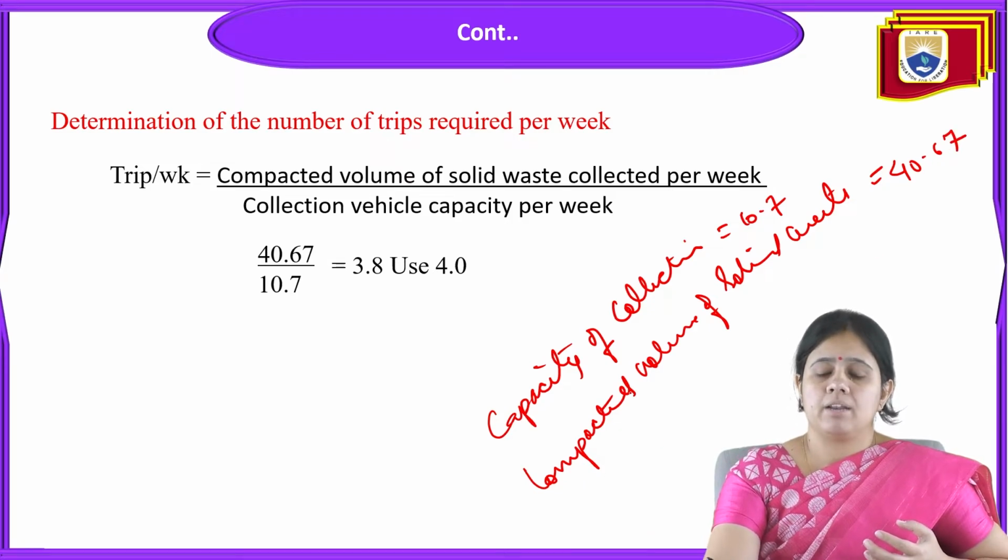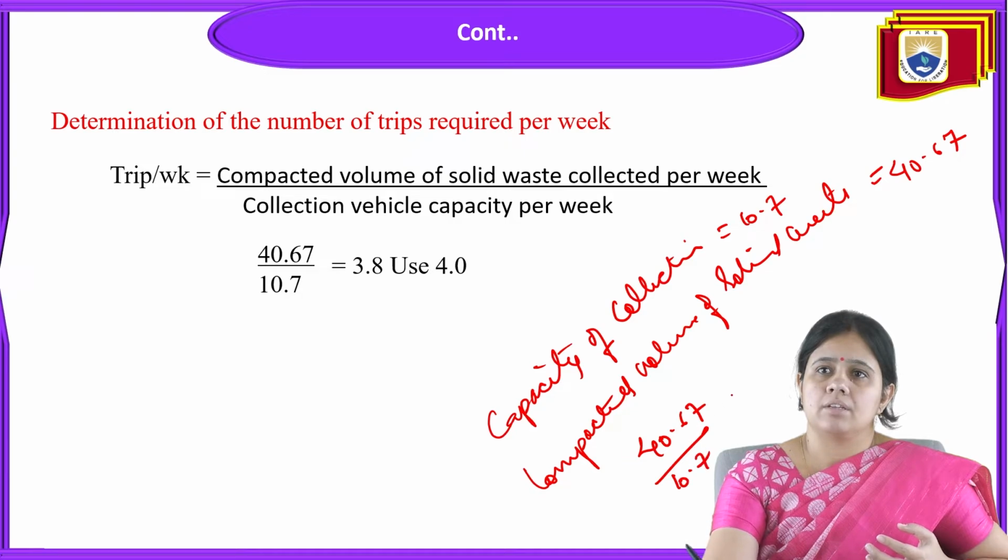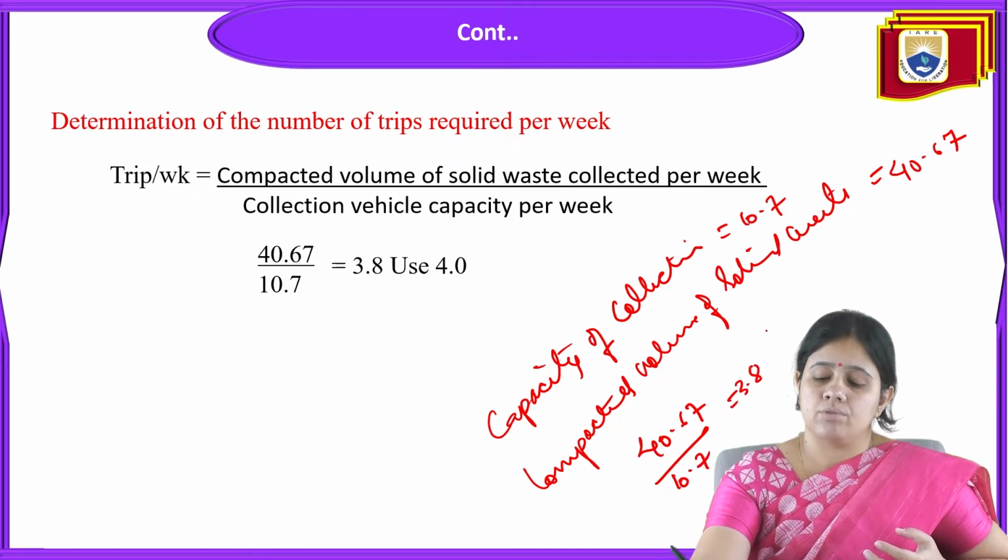So how can it be calculated? 40.67 upon 10.7 is equal to 3.8, like 4.